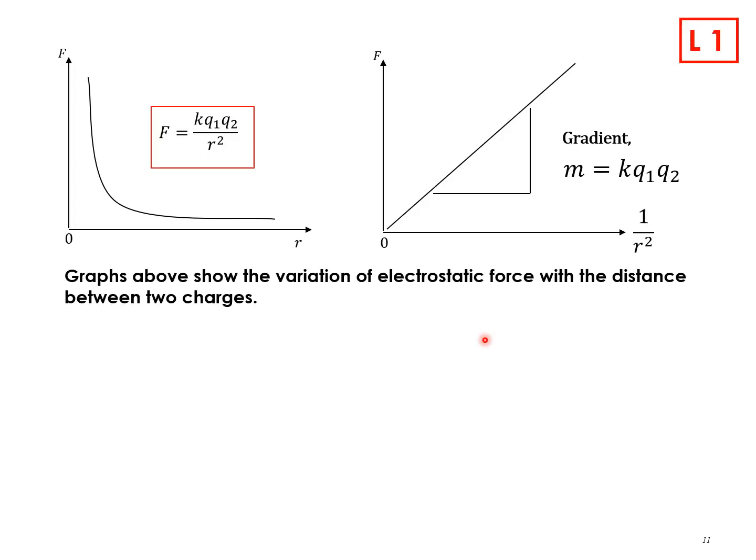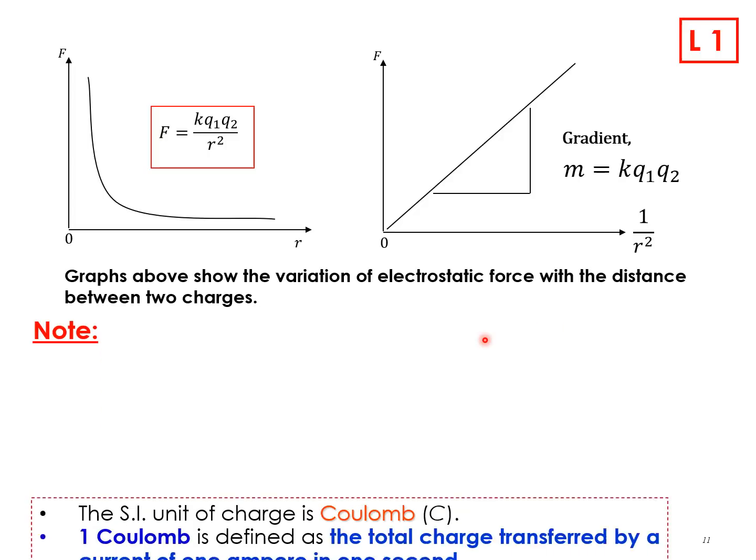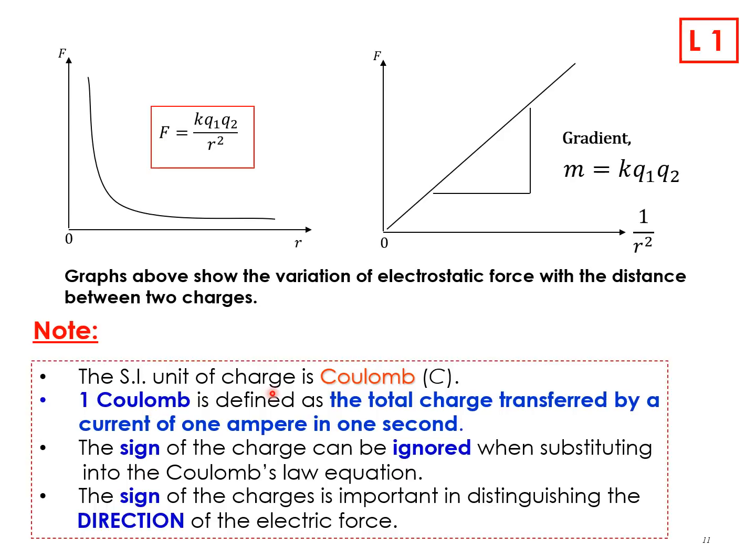You must also know that the SI unit for charge is the coulomb, represented by capital C. You must also know the definition of 1 coulomb, which refers to the total charge transferred by a current of 1 ampere in 1 second.